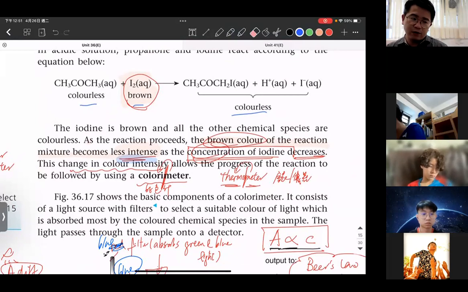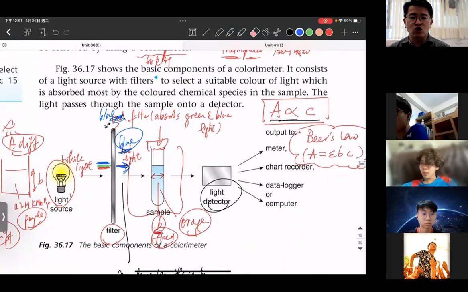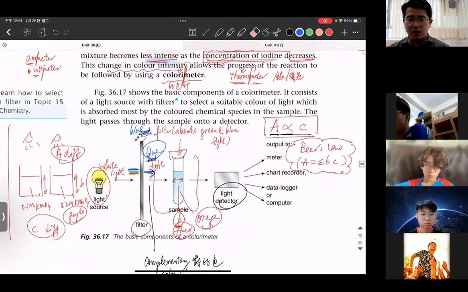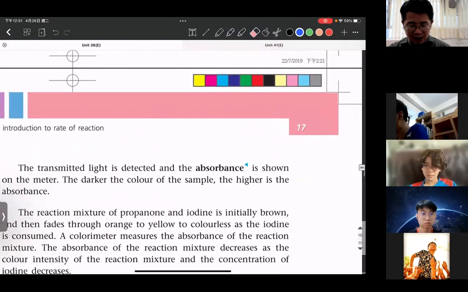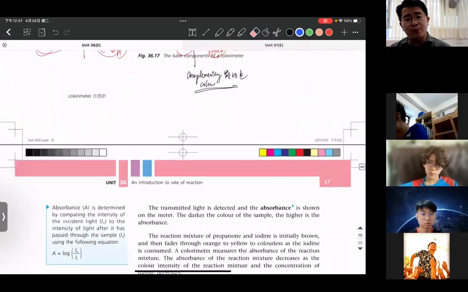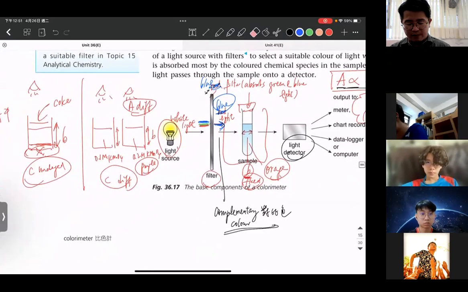It will be too subjective to say how dark or how pale, because different humans will have different judgment. So that's why we will use some measurement. We will measure the absorbance instead. Absorbance means how much light is absorbed by the sample.